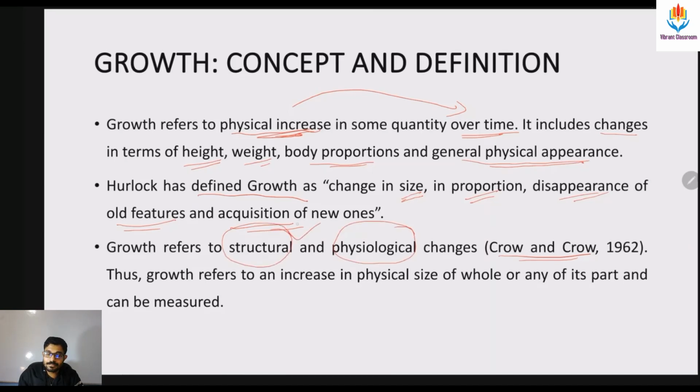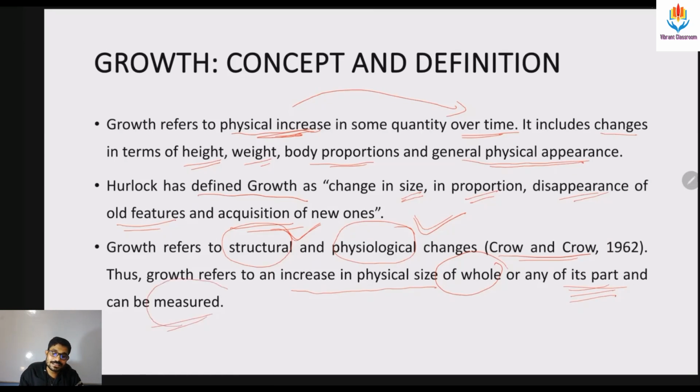Remember, these are changes found in physical conditions or physical processes, and they lead towards structural changes. Thus, growth refers to an increase in the physical size of the whole or any of its parts.